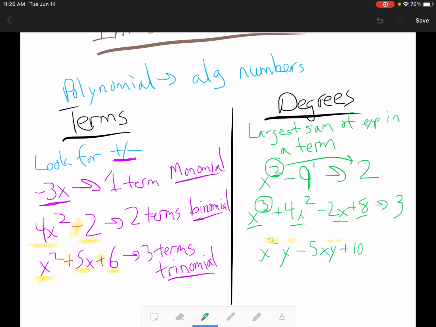And so I actually have, from this part right here, my degree is 3. Here my degree is 2 because I'm adding those 2 invisible 1s together. But I only want the largest one of a single term. And so the degree is going to be 3. And so once we start bringing multiple variables into the mix, it can get a little bit complicated.